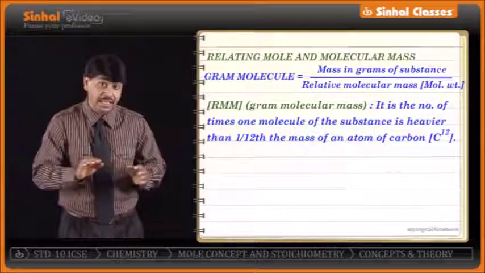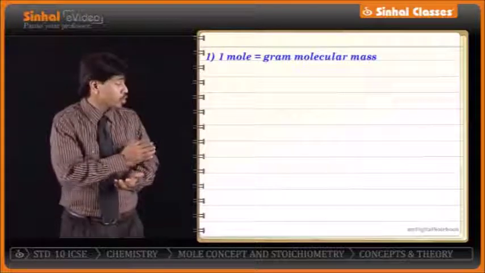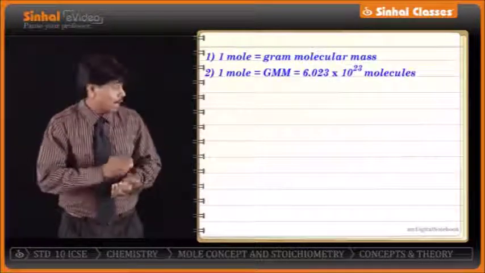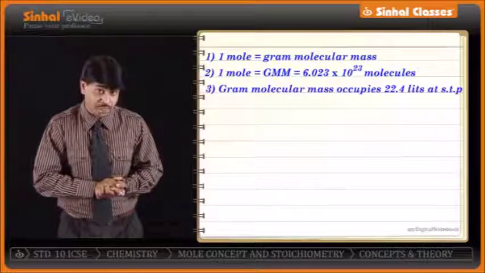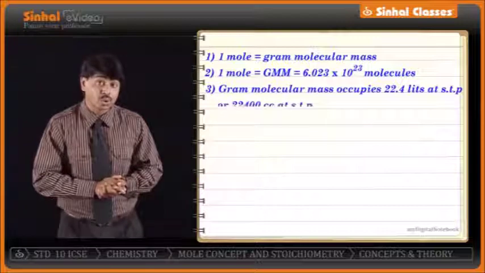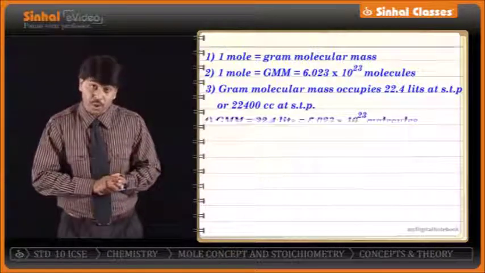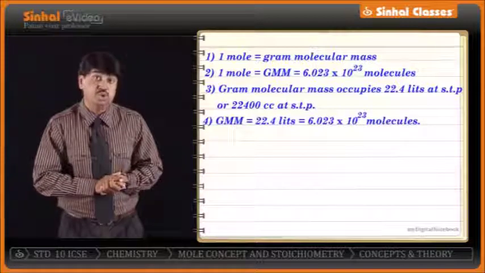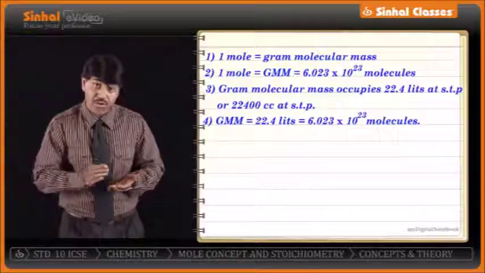So the relation at STP will be 1 mole will always correspond to gram molecular weight, and gram molecular weight will always occupy 22.4 liters or 22400 cc, which is also equal to 6.023 into 10 raised to 23 particles. It can be molecules, ions or atoms.